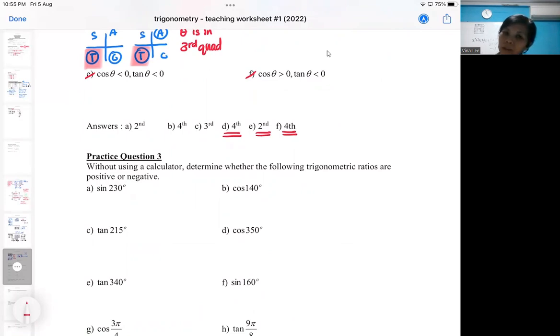You're supposed to decide whether sine 230 will be a positive or negative value on your calculator. So how are you going to decide? Based on your ASTC. We have to decide the quadrant first. 230 is the third quadrant.